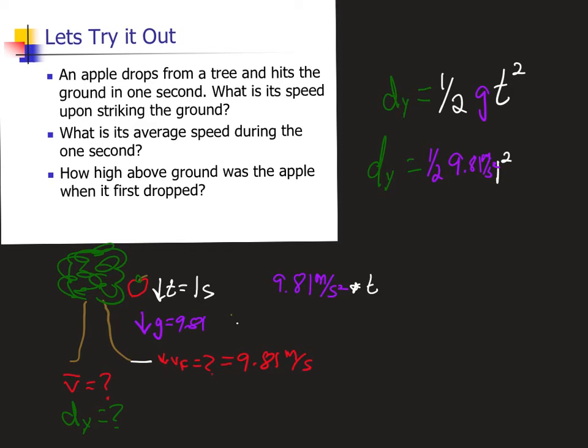So then 1 times 9.81 is 9.81. 9.81 divided by 2. It's actually probably going to be a number that you are going to almost know off the top of your head at some point in time. And that's 4.905 meters.